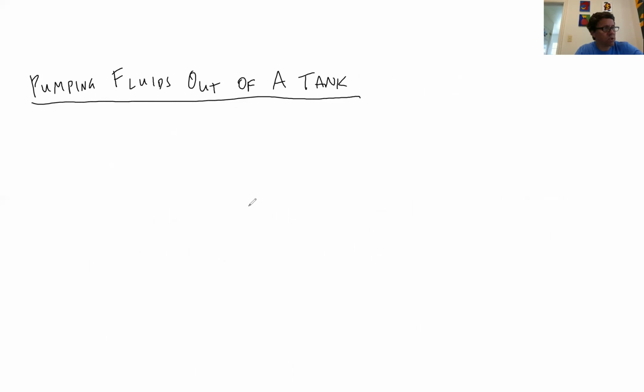It's going to be maybe in a conical tank, but it uses exactly the same principles. It's about how far you are moving it, and you can think about it as how much is left. So let's just do this one here.